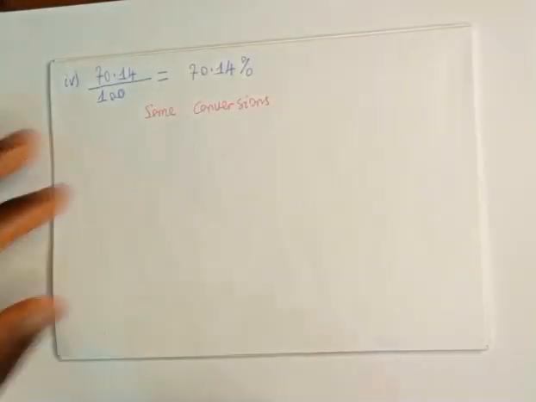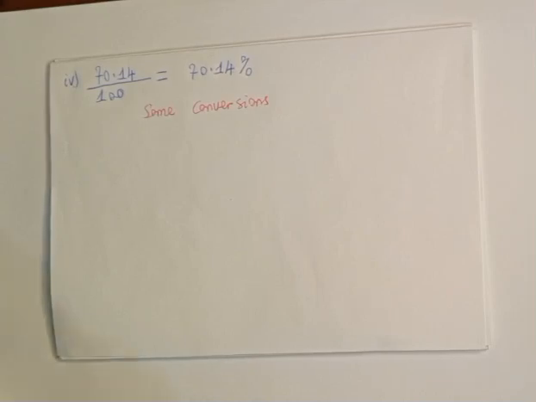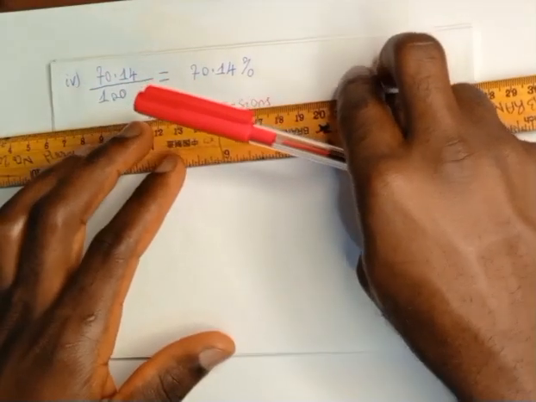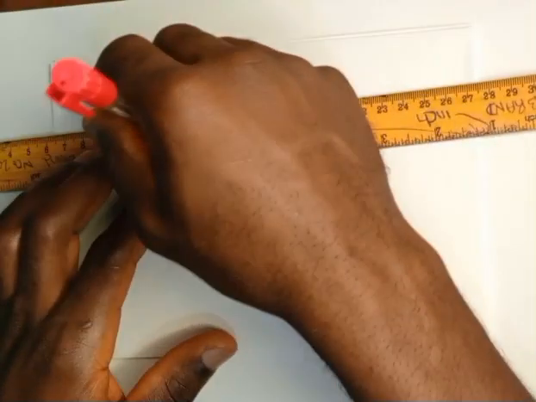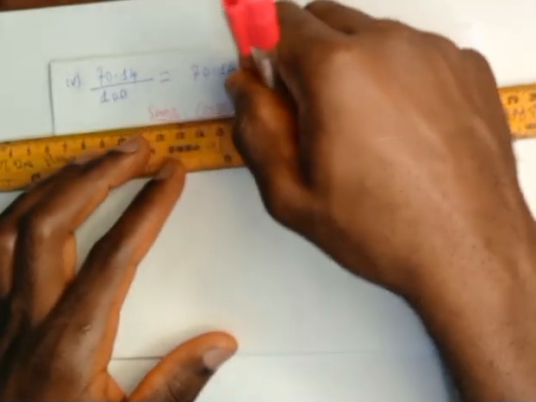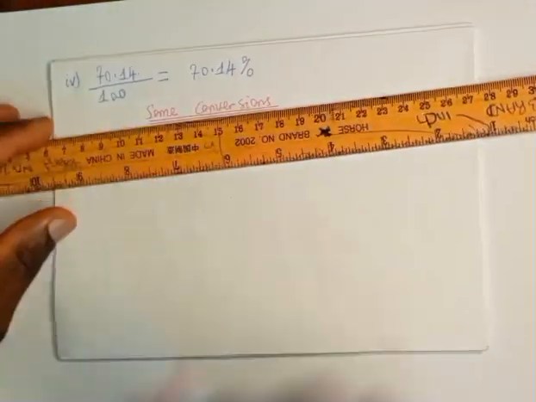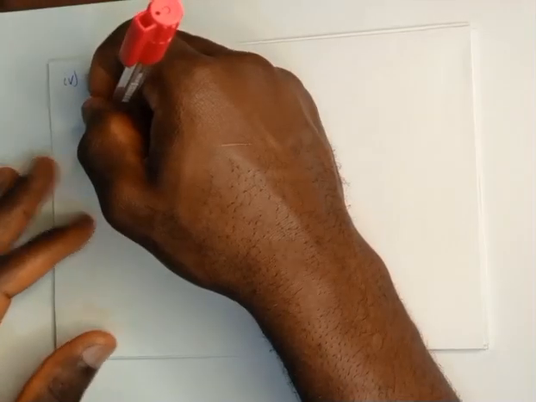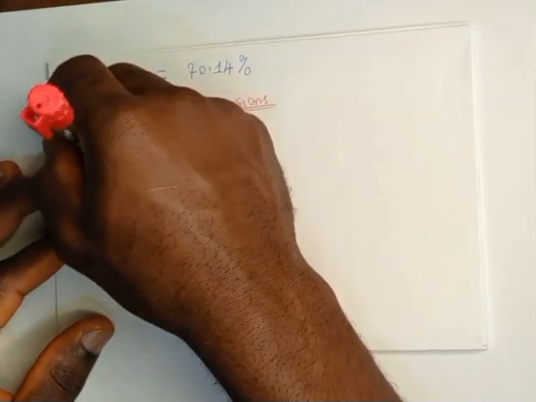Now we look at some conversions. Okay, we are going to see how we can change fractions to percentages, percentages to fractions, decimals to percentages. The first one, we have conversion of fractions to percentages.